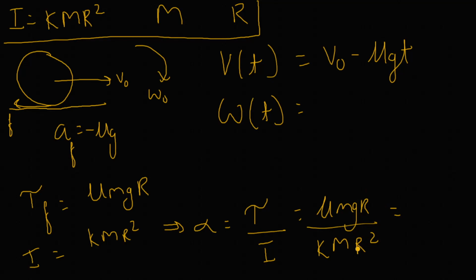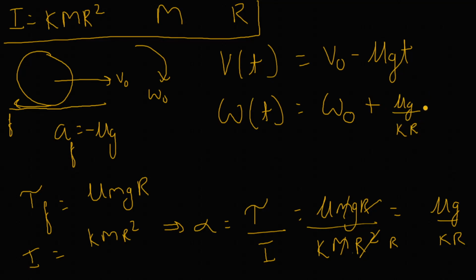The r square and r cancel, leaving one r, and m and m cancel, so we get mu g by kr. That's the angular acceleration. So angular velocity as a function of time will be omega naught plus mu g t by kr.